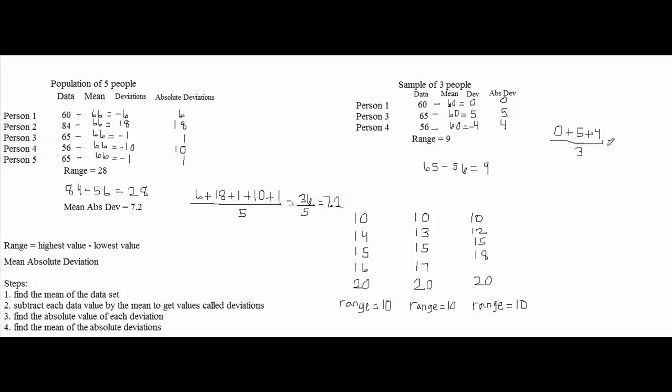The top equals 9. We divide by 3. So we added the 3 numbers and we got a total of 9. Now we're dividing by 3 and we get 3. So the mean absolute deviation of the sample is 3.